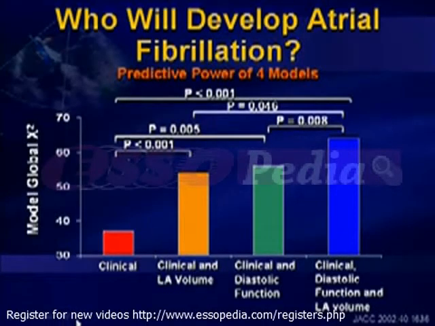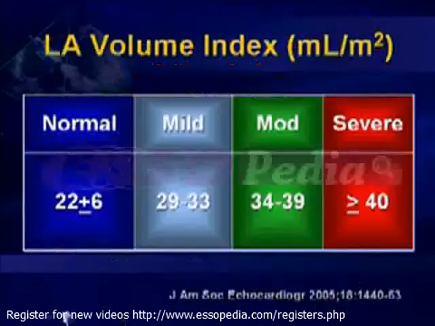Now, the importance of LA volume is further underscored by the finding that the predictive value of who will develop atrial fibrillation is enhanced further by the addition of LA volume to a model that already includes clinical risk factors as well as some measures of diastolic function. So we recall these proposed dichotomous cut points for LA indexed volume, based somewhat on an individual's global cardiovascular risk. Does LA size continue to have an impact on risk prediction in those individuals with atrial fibrillation?